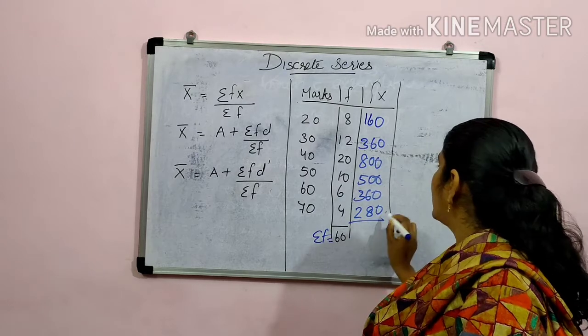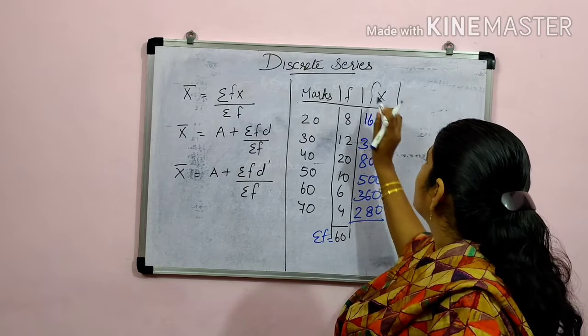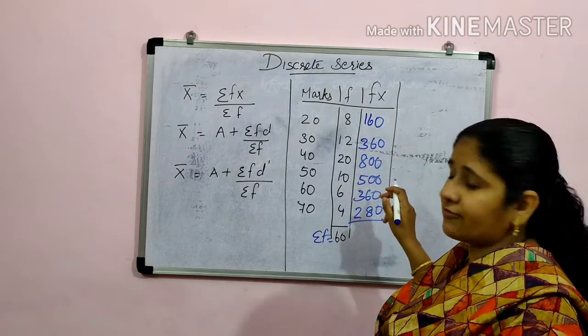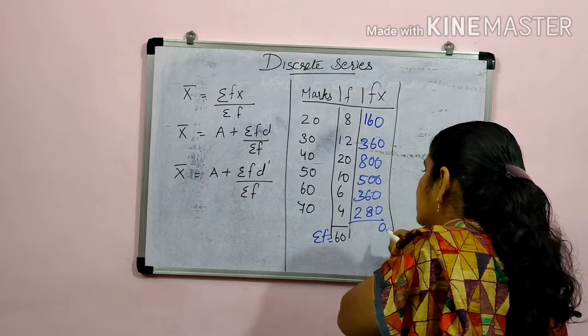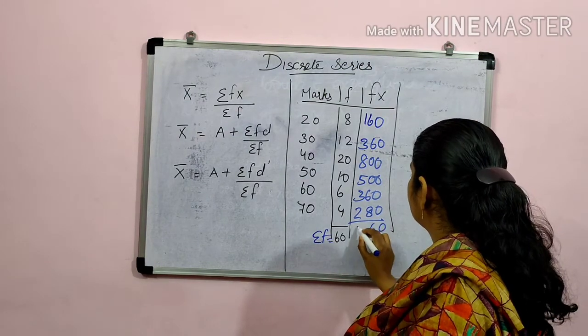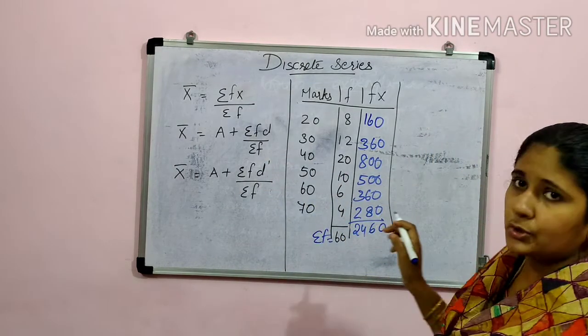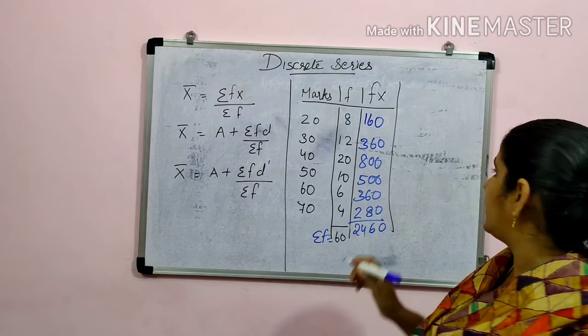Now when we add all these values, we will get summation of fx. Next, we want to divide this.